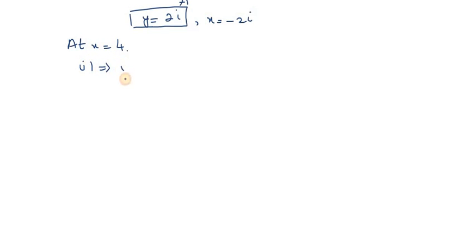And now at x is equals to plus minus 4. Now at x is equals to 4, again equation number 1 implies y is equals to 4 upon x.